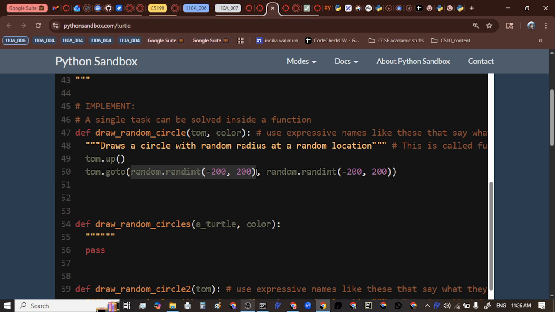Because remember, we learned that function calls are expressions. So if I use like 50 over here, this is an expression. This 30 is an expression, right? Function calls are also expressions because they return a value. So you can directly use your function call there.